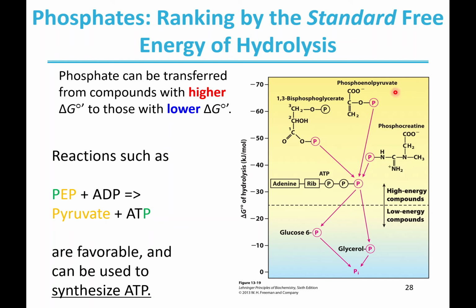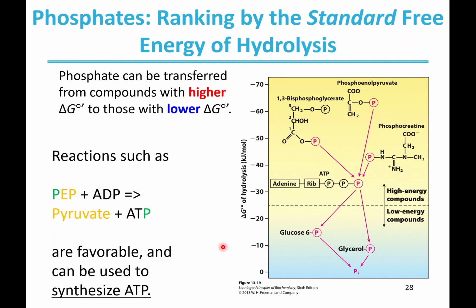Those are all higher in energy than ATP. And that's important because these molecules, PEP, 1,3-bisphosphoglycerate, and phosphocreatine, can be used to make ATP. And then ATP can be used to phosphorylate other molecules like glucose.